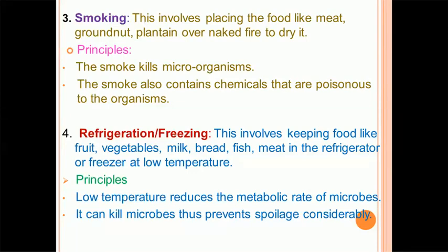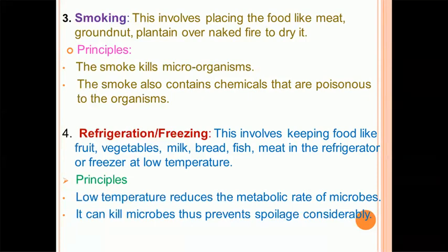Then number four method is the refrigeration or freezing method. This involves keeping food such as fruit, vegetables, milk, bread, fish, and meat in a refrigerator. So you can put them in the fridge, you can put them in the freezer, and all of this equipment works at low temperature.